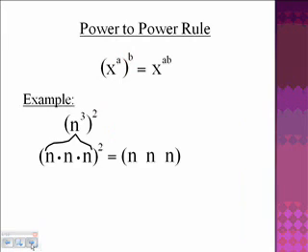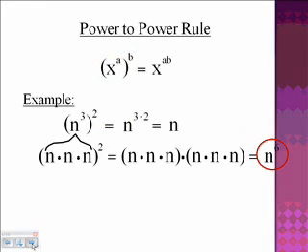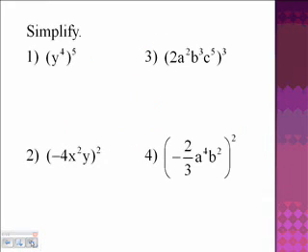Squared means there's 2. So if we wrote it out the long way, which you will probably never ever do, but just to give you a visual representation, if there's 2 of these, here they are, for a total of how many n's? If you added those up, you'd get n to the 6th. Well, the power rule makes it that much easier. We don't have to do all that work, and we get the same answer. That's why we do these rules, because we don't want to spend all that time writing out n's for the rest of our lives.